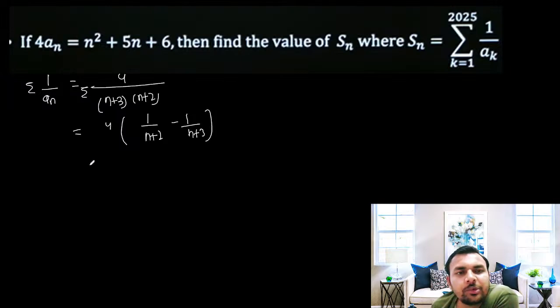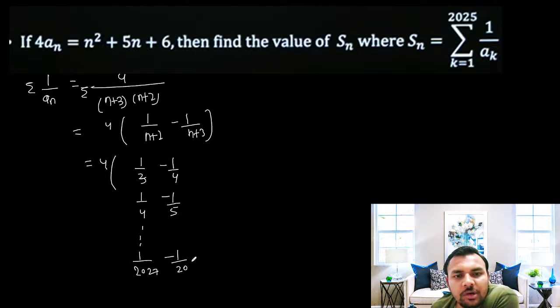Now we start putting n equal to 1 to 1025. So it is 1 by 3, 1 by 4, 1 by 4, 1 by 5, dot dot dot, 1 by 2027, 1 by 2028. If you see the cancellation, it's like this.